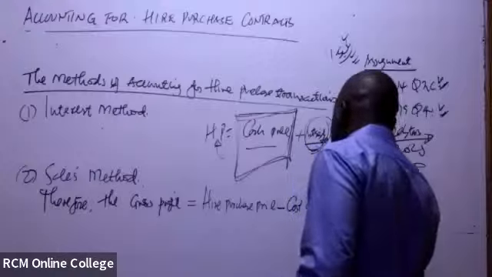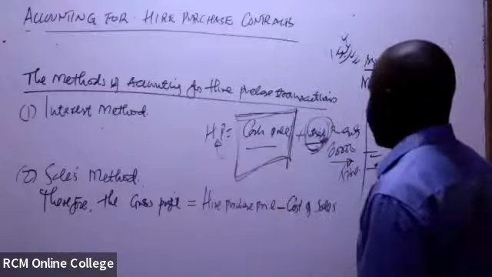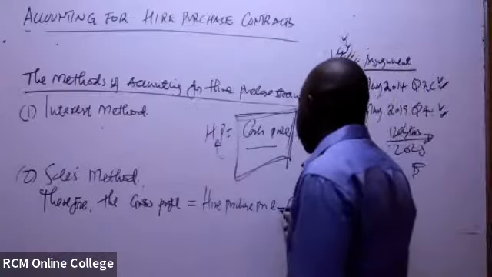So the gross profit will be gotten by taking the higher purchase price and subtracting the cost of sales.